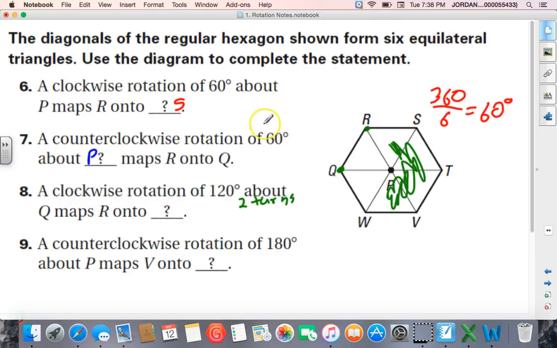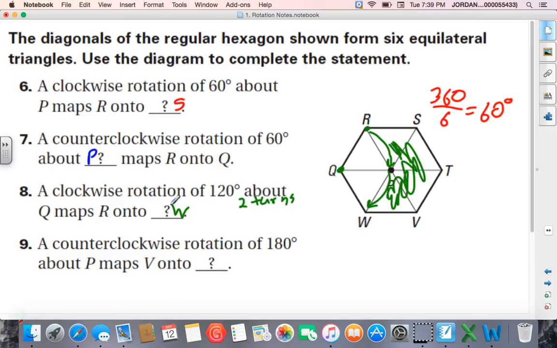The others were just 1 turn because they were only 60 degrees, and every 60 degrees will get us to a new place. So R goes once to P, and then another 60 degrees is going to make it go to W, because we're going clockwise, the direction of the clock. So R is going to map onto W if we do a 120-degree rotation about Q.